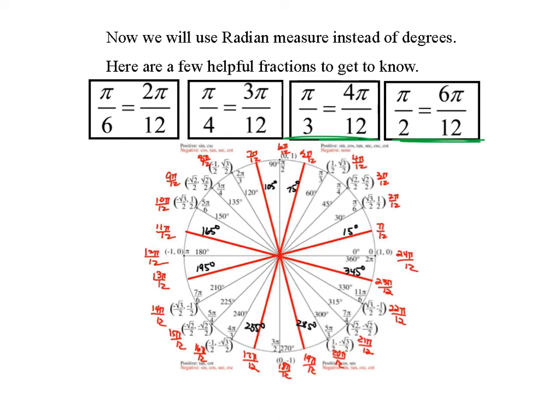Notice pi over 12 is not a value we know on our unit circle. So to get pi over 12, we're going to have to subtract some values. You could do 3 pi over 12 minus 2 pi over 12, or 4 pi over 12 minus 3 pi over 12. I'm going to just take 3 pi over 12 minus 2 pi over 12.